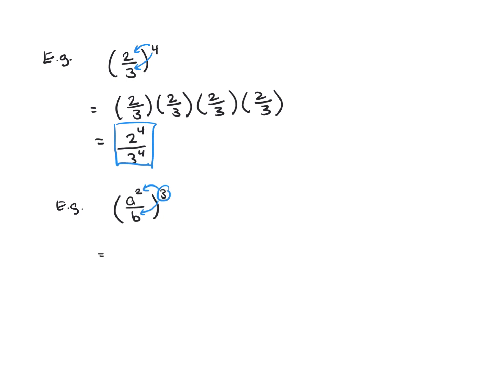So that will be, I'll write it out the long way first, 2 times 3 over b to the 1 times 3. Okay, so 2 times 3 is 6, so a to the 6 on top, and 1 times 3 is 3, so b cubed on bottom. That would be the answer to something like that.